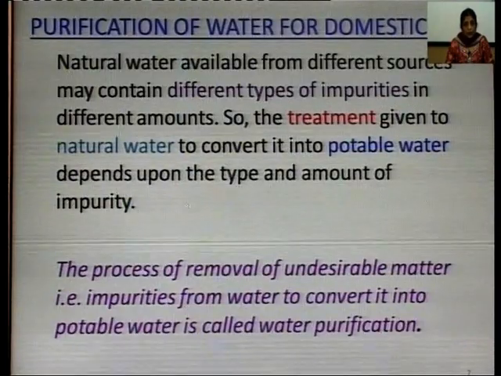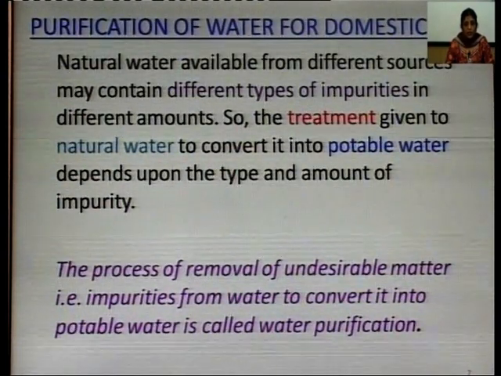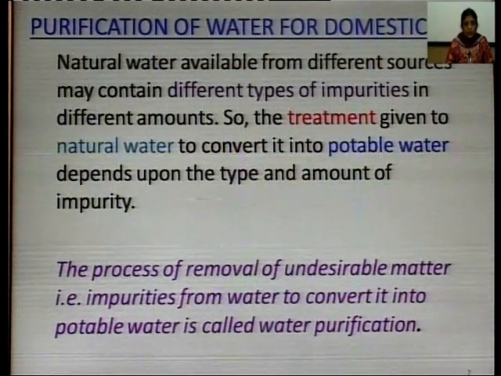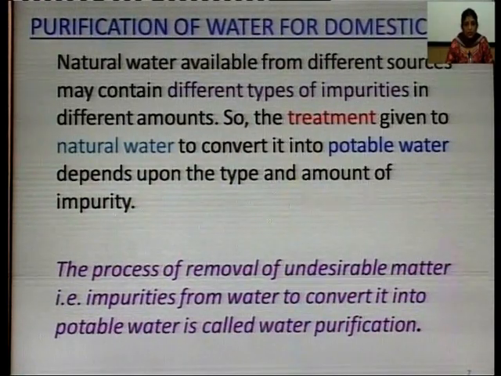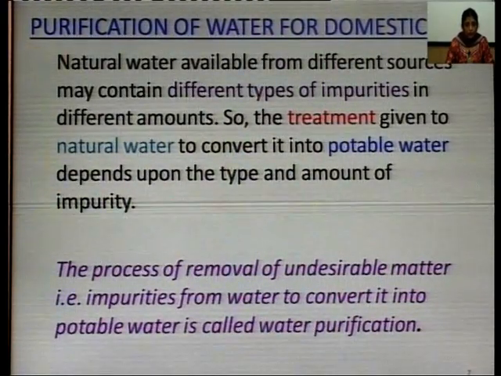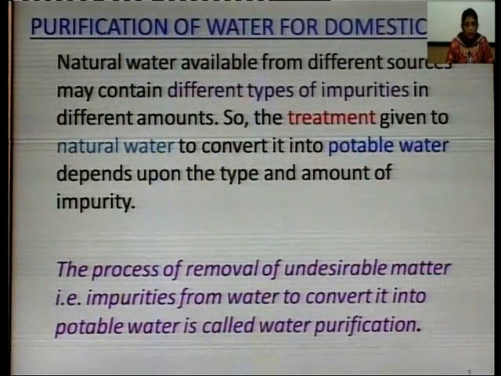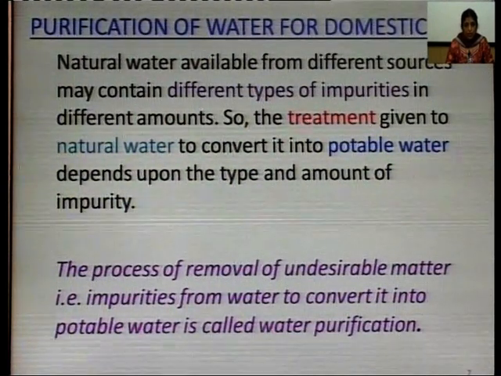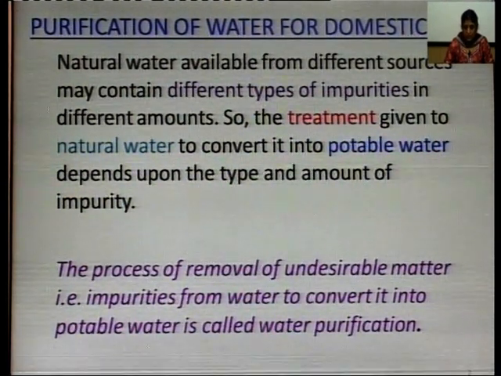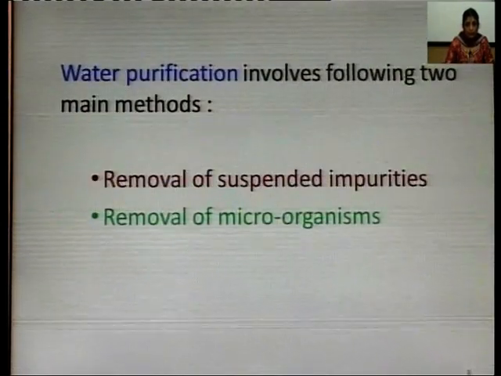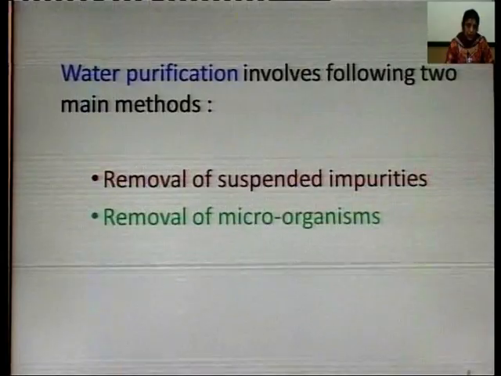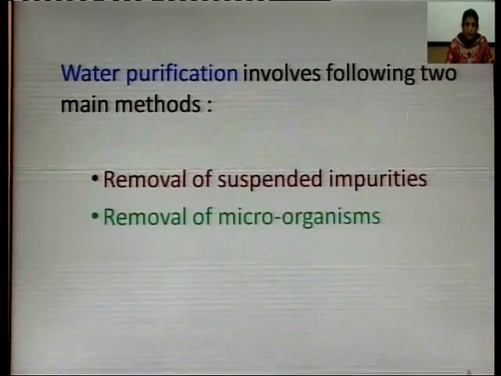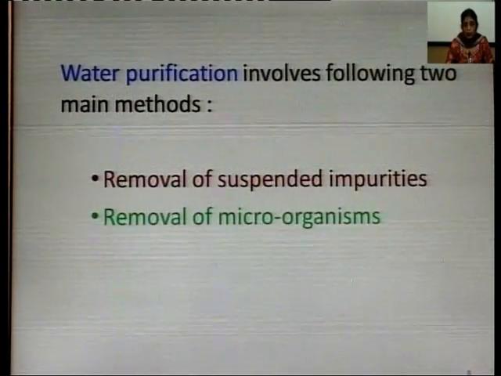The process of removal of undesirable matter, that is impurities, from water to convert it into potable water is called water purification. So, water purification involves two main methods: removal of suspended impurities and then removal of microorganisms.